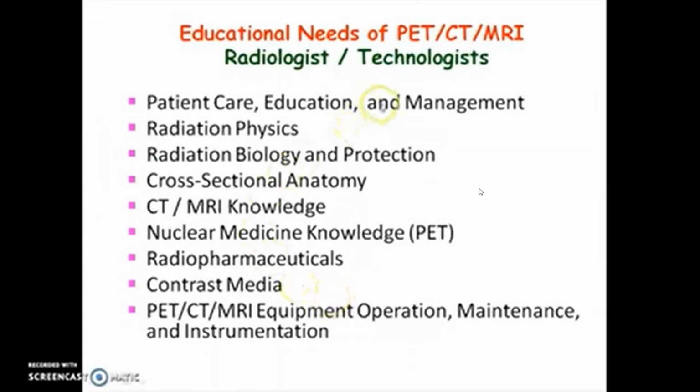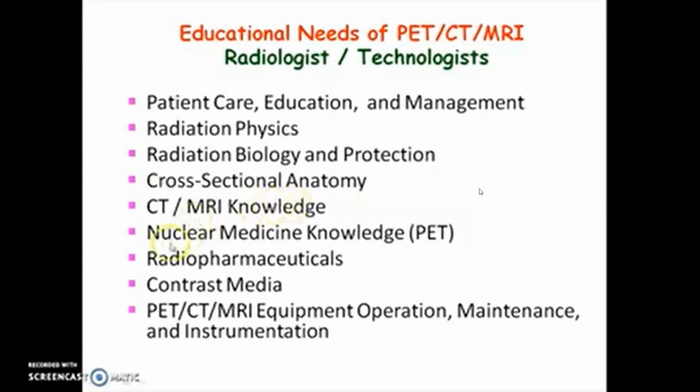Now, let us see the educational need for the radiologists or the technologists who are going to practice in PET-CT or in PET-MRI. They should have a basic knowledge about patient care, education and management. A little knowledge about radiation physics is mandatory. Knowledge about radiation biology and protection is also needed. Good knowledge about cross-sectional anatomy, CT/MR knowledge is mandatory for them.